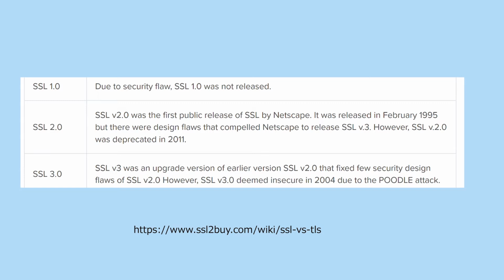There were design flaws that compelled Netscape to release version 3, although version 2 was only deprecated in 2011. The third version fixed the SSL 2 vulnerabilities, although it was deemed insecure due to the POODLE attack. If you want, you can look more into it on SSL2Buy.com.